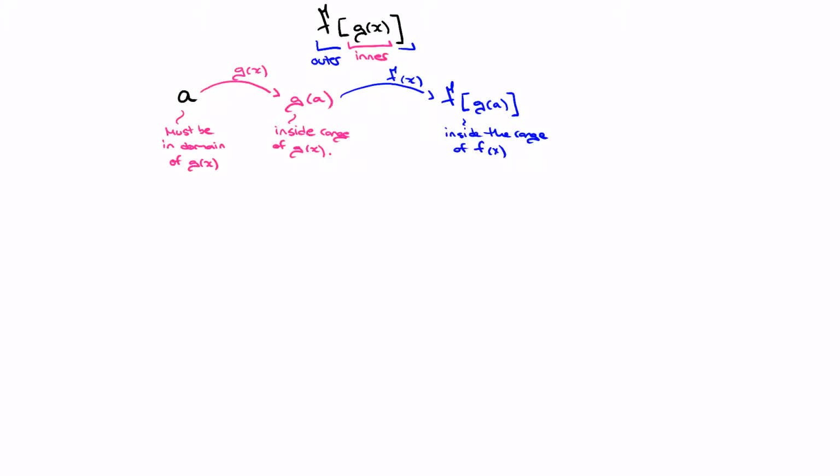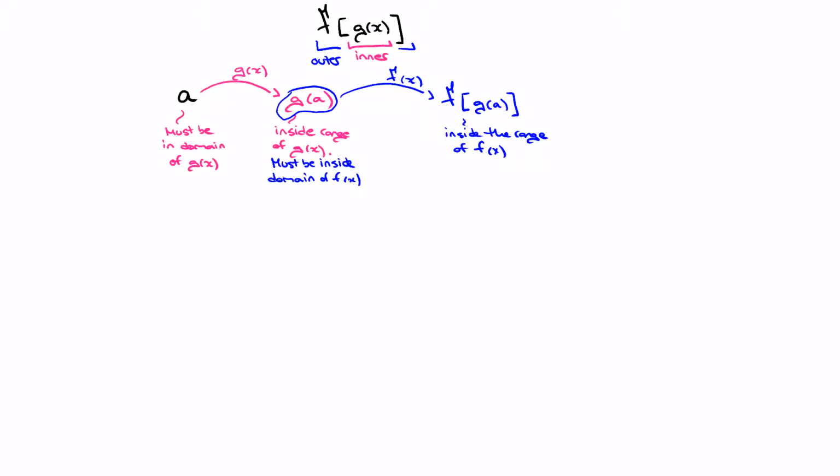Now this highlights a very important thing here. This intermediate value, g of a, since it's going to be plugged inside the function f of x, must be inside the domain of f of x. So I'll just add this here. And in fact, it's that key point which will be at the heart of finding a composite function's domain.